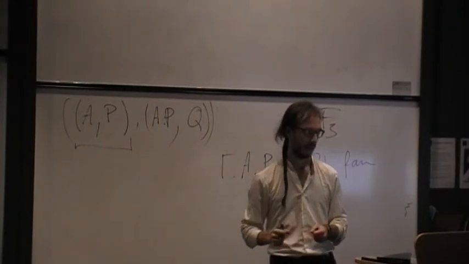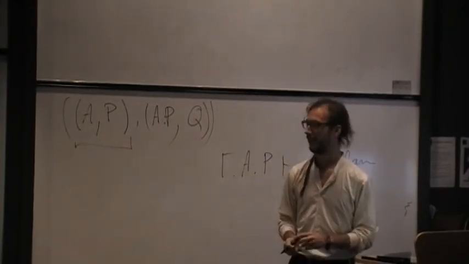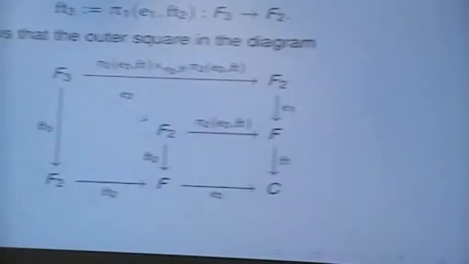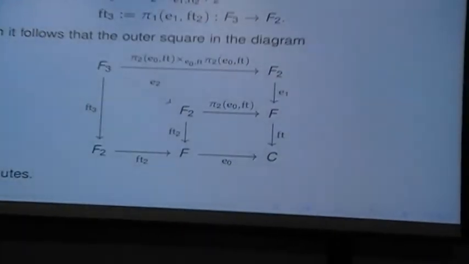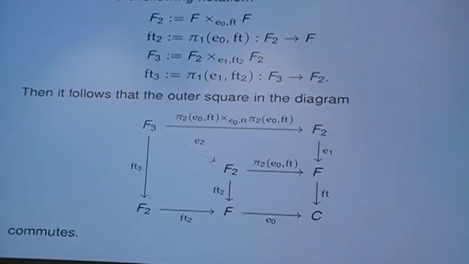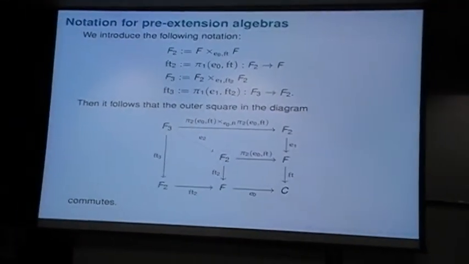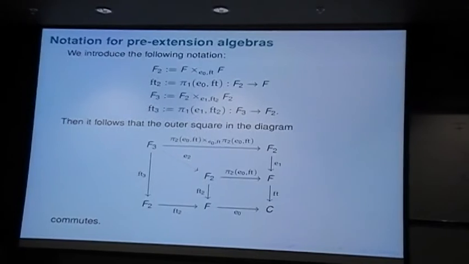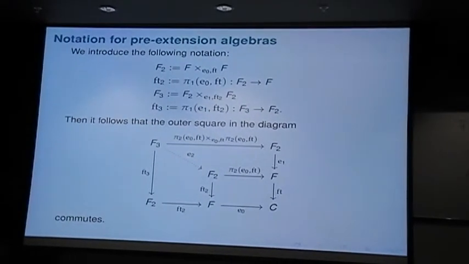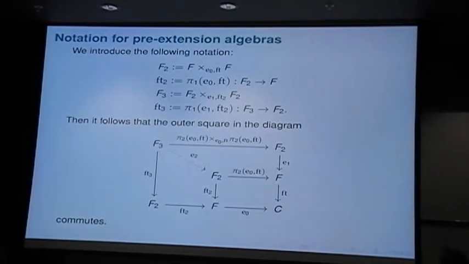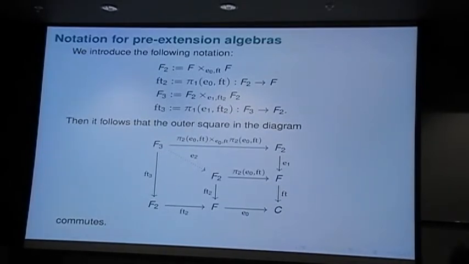And now we can have an even higher extension. So we have the family extension, but we now have also extension for F2, which we can define, which is going to be important. So I'm going to explain to you how this diagram works. At the F3 level, we had the A, P, Q. Then this is mapped by the upper map by looking at the second component two times.